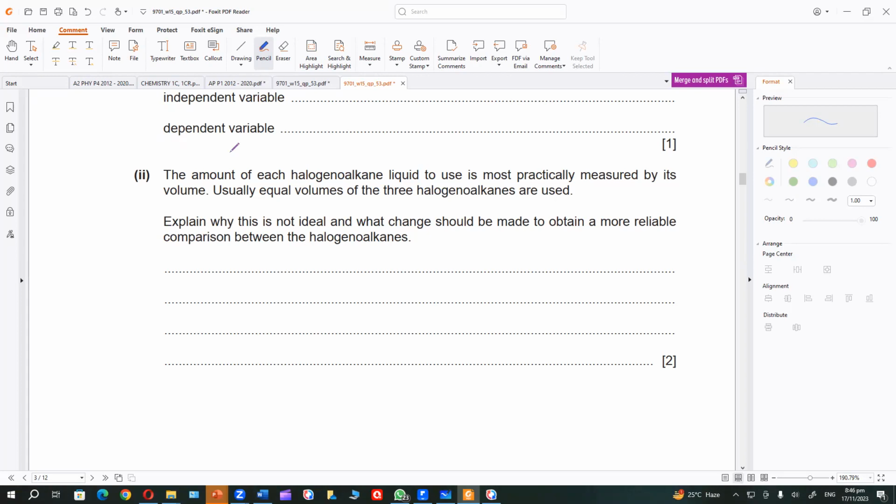So in physics, we say that at a time, only two variables should be involved.